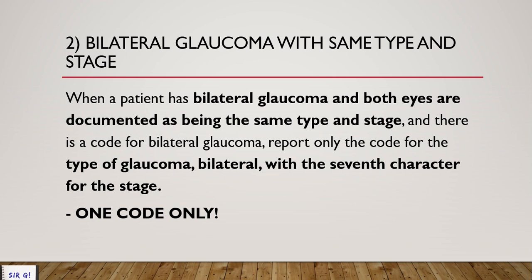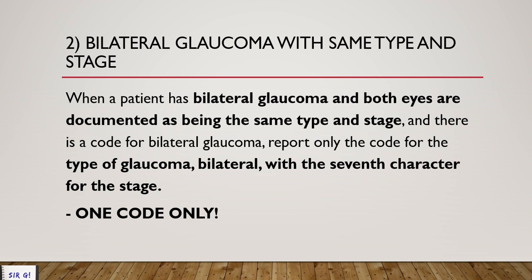When a patient has bilateral glaucoma and both eyes are documented as being the same type and stage, and there's an available code for bilateral, report only the code for the type of glaucoma, bilateral, with a 7th character for the stage.